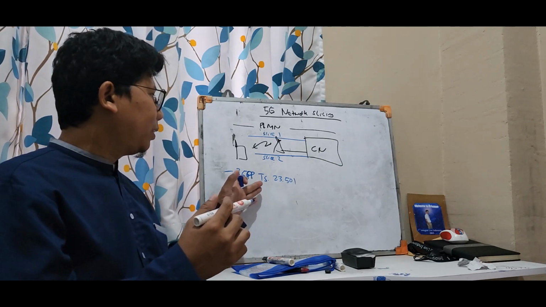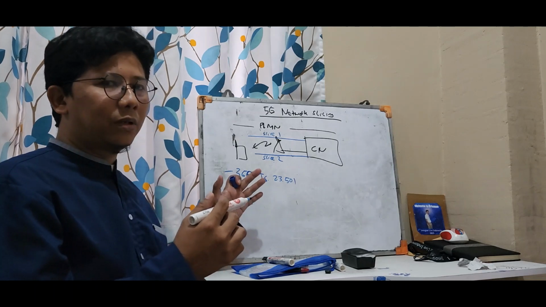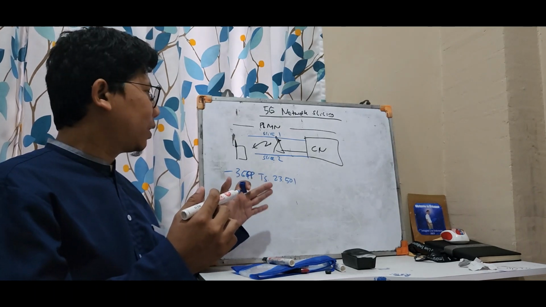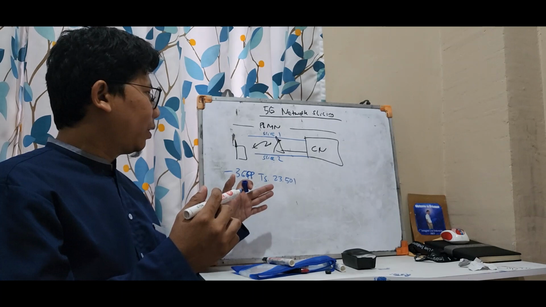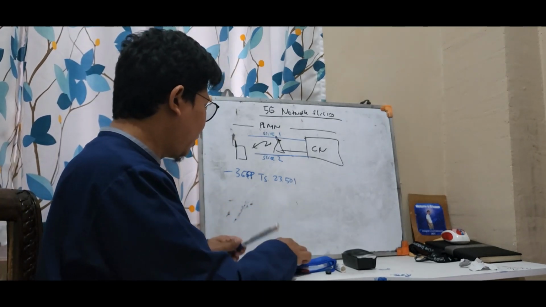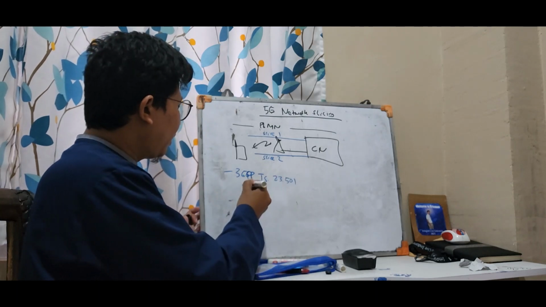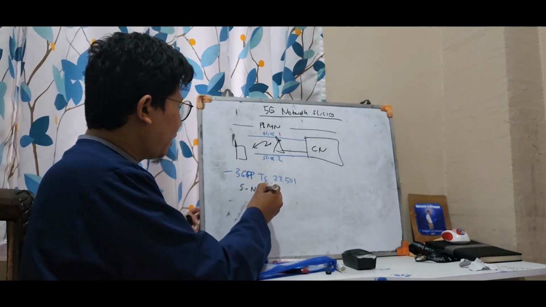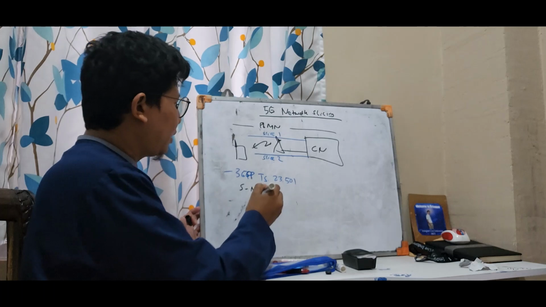In 3GPP there is mention of single network slice selection assistance information. So there is a definition here that we call S-NSSAI.